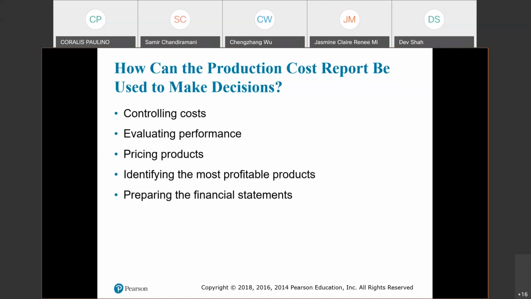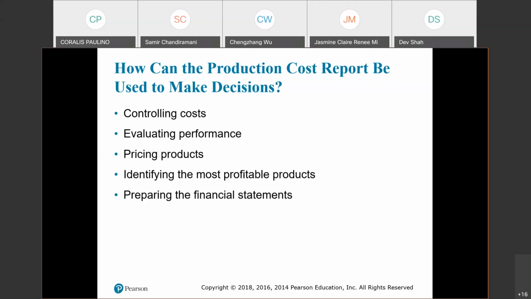The first one is to control the costs. Puzzle Me uses product cost data to look for ways to reduce cost. A manager may decide that the company needs to change suppliers to reduce the cost of its direct materials.